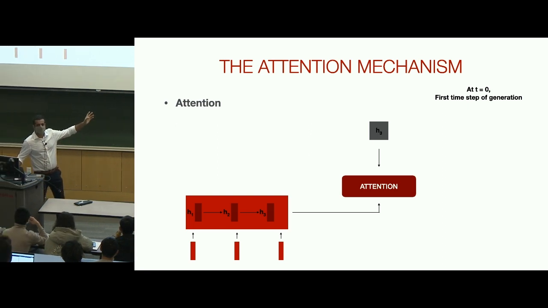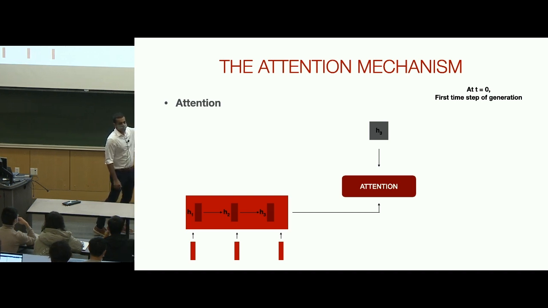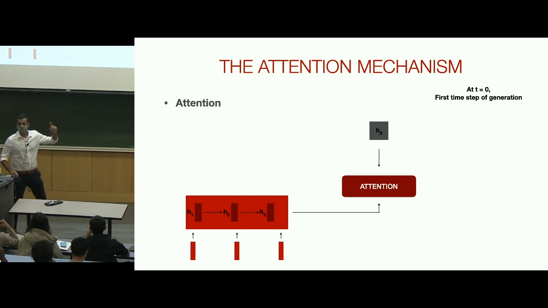Those are called keys. And the final hidden state, at time t equal to 0, we're going to use to take a linear combination of the keys, which are the inputs to the attention module, the hidden states of the encoder. That is called the value. So H3, as you will see, will change.